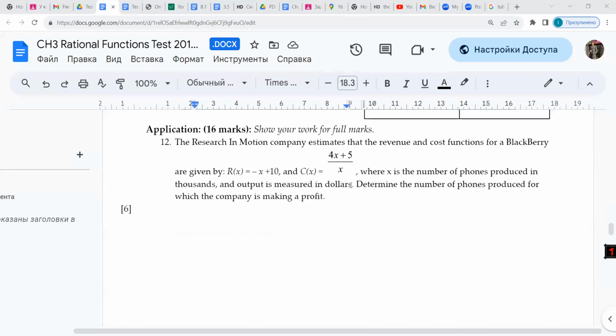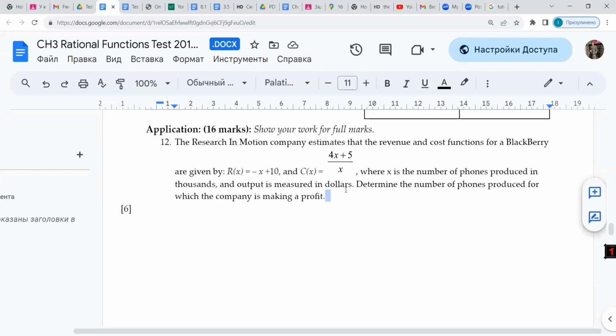Let's see this practical question where we have some real life situation. The Research In Motion company estimates that the revenue and cost functions for a BlackBerry are given by revenue of x equals -x plus 10 and cost of x equals 4x plus 5 over x, where x is the number of phones produced in thousands.